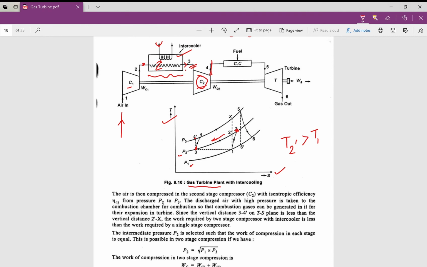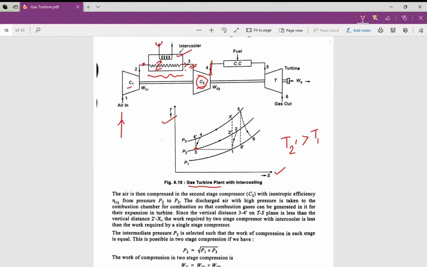We call it isentropic compression at point 4 dash, and the actual position, due to friction and others, is shifted from 4 dash to 4. So actual compression is 3 to 4. Process 3 to 4 is actual compression.